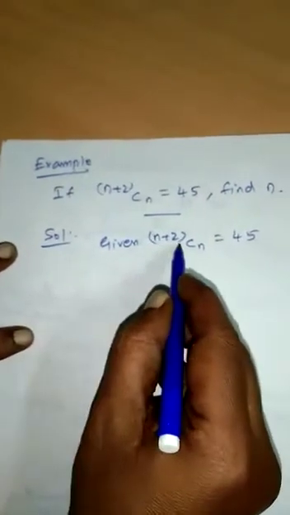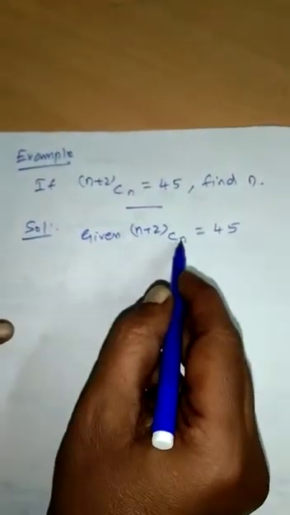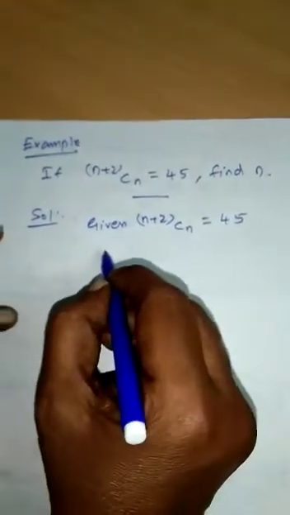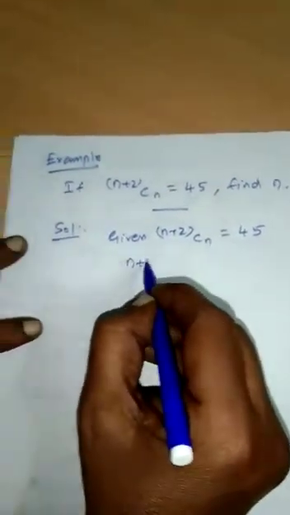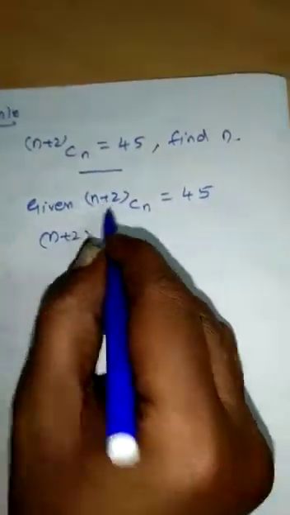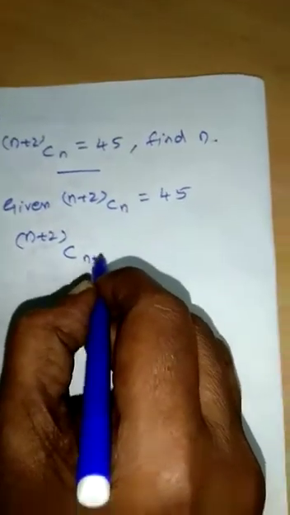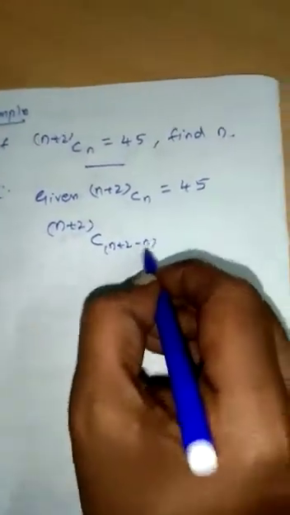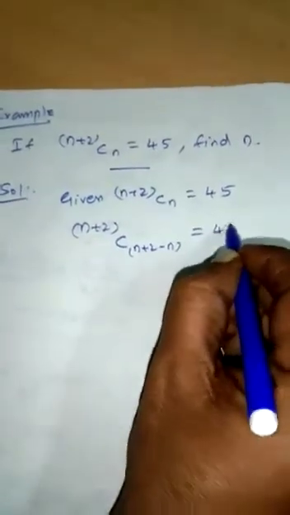We can rewrite this as nCr is equal to nC(n minus r). That is (n plus 2) C (n plus 2 minus n) is equal to 45.